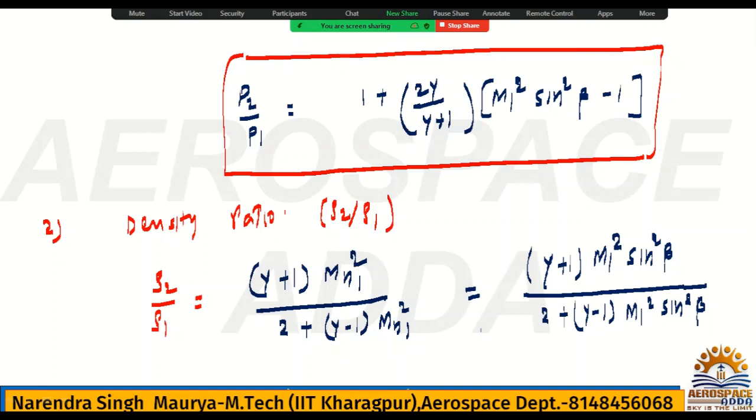Alright. The same way you can do for the oblique shock also, that T2 by T1. You can write T2 by T1, which is nothing but the third one.